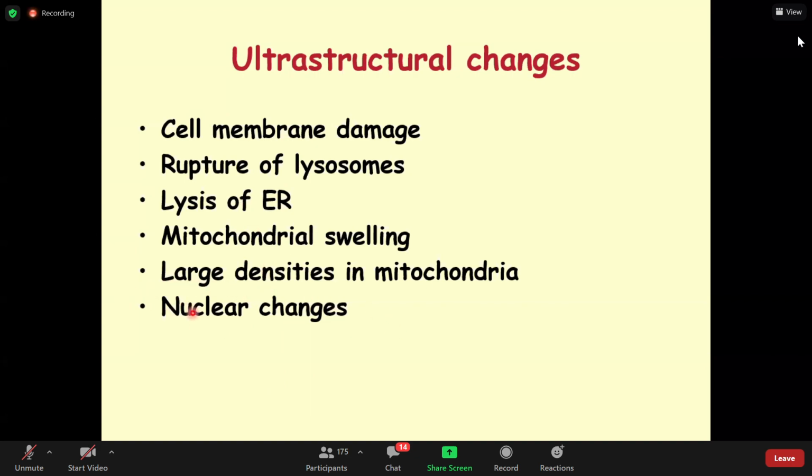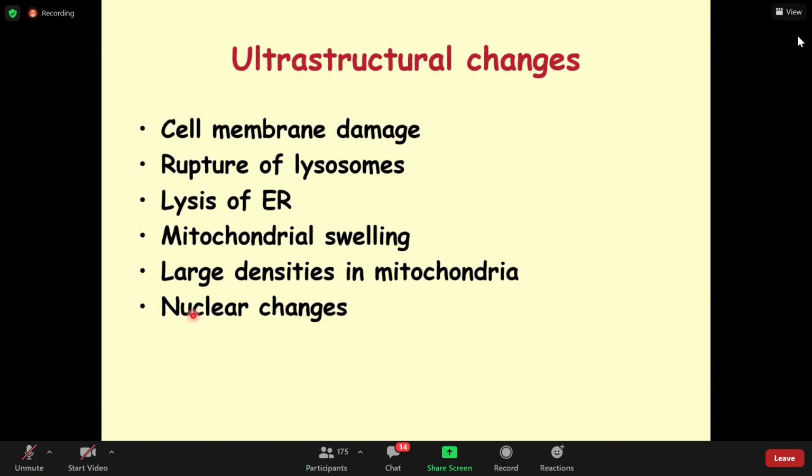This is going to be very distinctive. Even though it is really very advanced, this is very distinctive to irreversible cell injury, and it is the one that is going to definitely tell reversible versus irreversible, because you see everything else in reversible cell injury, but in a much milder way.